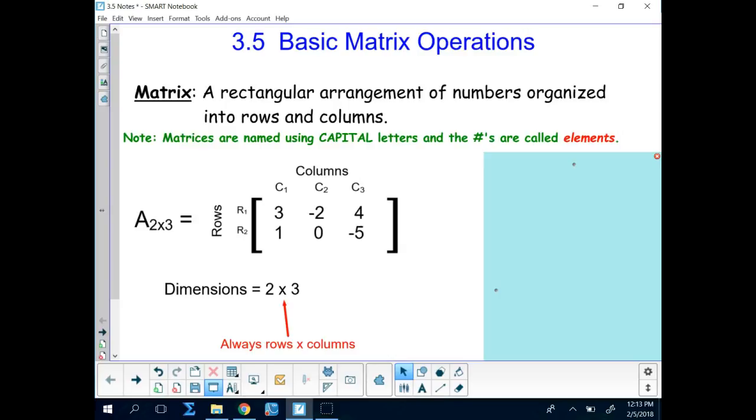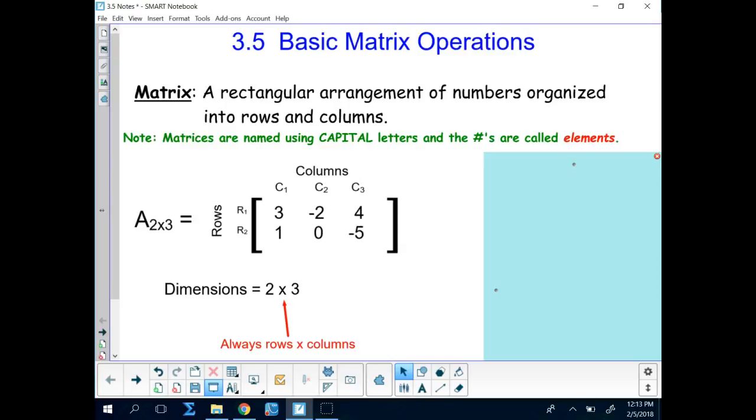We classify a matrix using its dimensions. In this particular case, the dimensions of matrix A: matrix A has 2 rows and 3 columns. So matrix A is a 2x3 matrix.